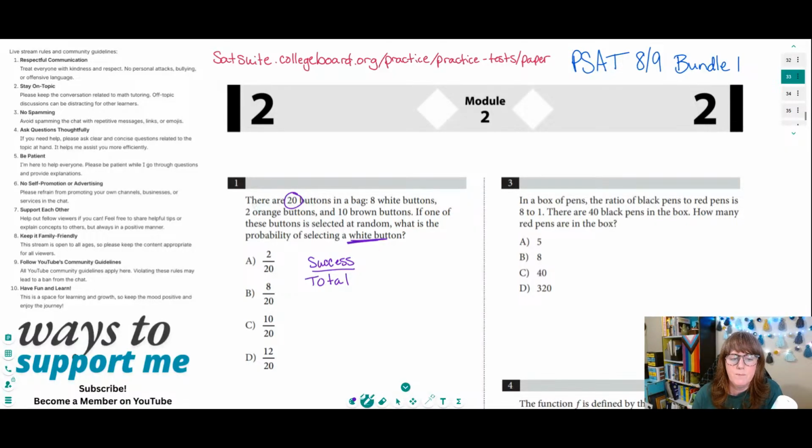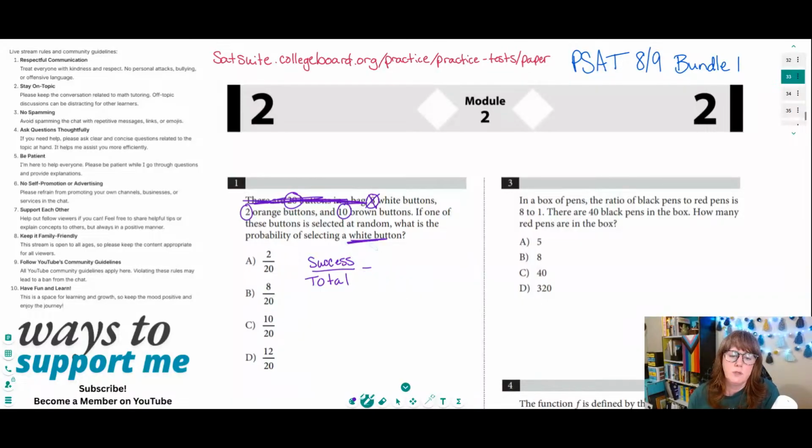If they didn't tell us this part, we would have to add up all of the buttons, which does equal 20. But this is one of the areas where students will make a mistake. They won't count the white buttons in the total. So the total, they might just write 12, because that's the number of orange and brown buttons, which are not including the white buttons.